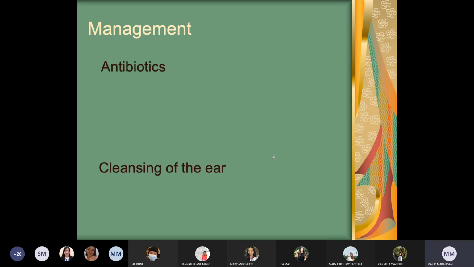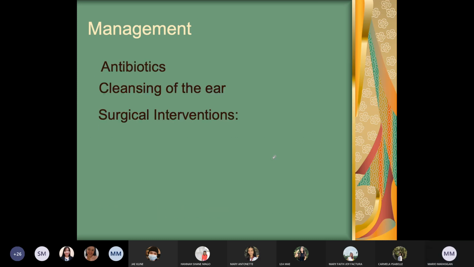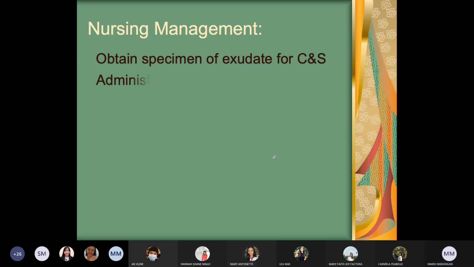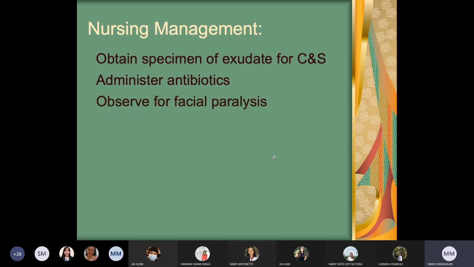Management, antibiotic, surgical intervention, mastoidectomy. For the repair of tympanic membrane, then tympanoplasty. So we mentioned already about culture and sensitivity of antibiotic. Culture and sensitivity of the secretion before giving antibiotic.